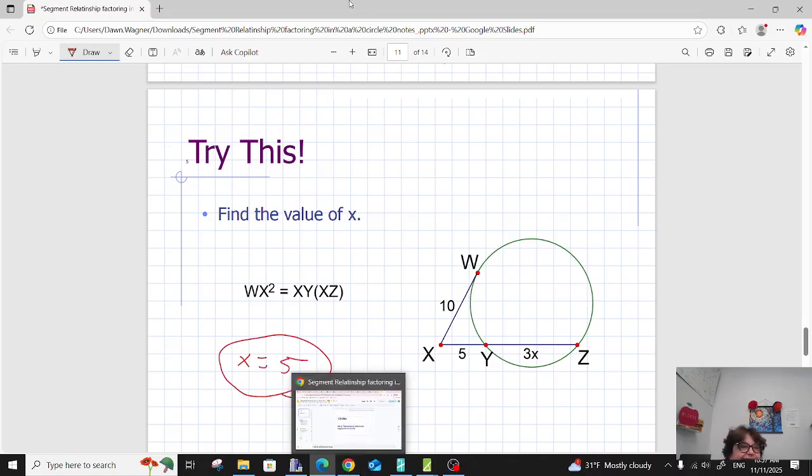That would be correct. Did everybody get x equals 5?